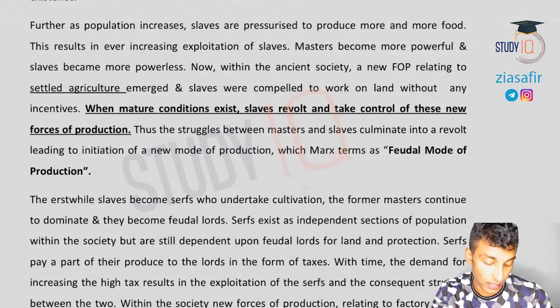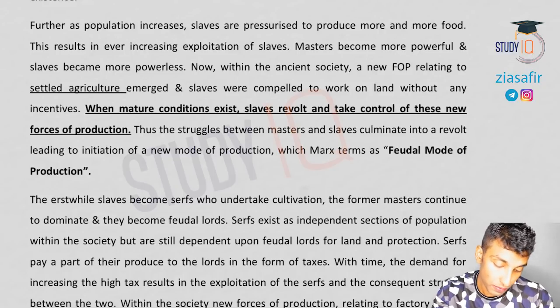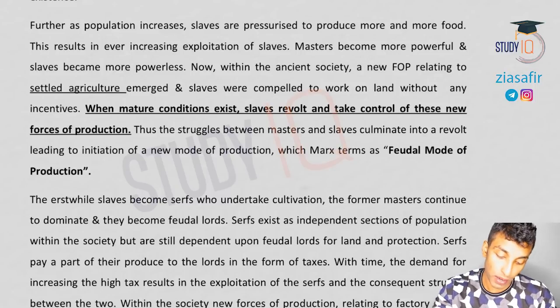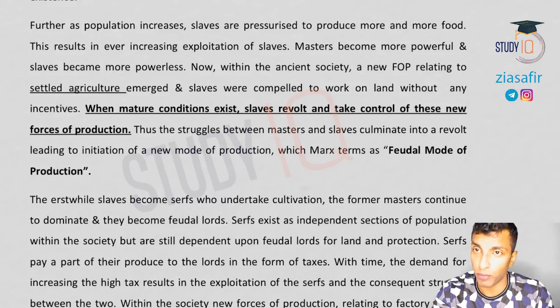When the mature conditions exist, the slaves revolt and take control of these new forces of production. Thus, the struggle between masters and slaves culminates into a revolt, leading to the initiation of a new mode of production, which Marx terms the feudal mode of production.